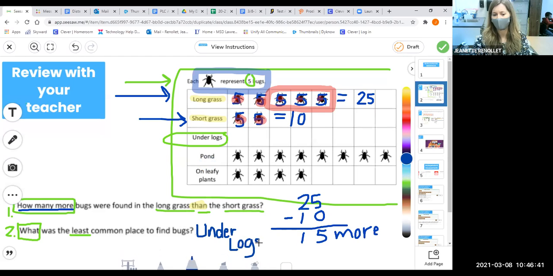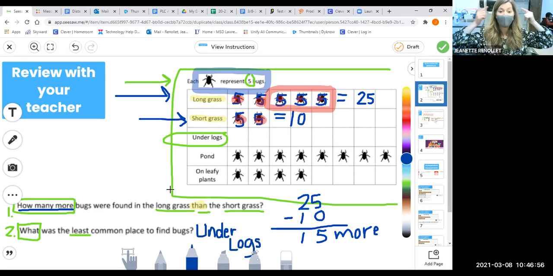Whoever made this graph did not find many bugs under logs, but they did find lots of bugs in the long grass and short grass. Take a minute to make sure that you have these answered correctly, thinking about how you're going to use this knowledge today as you do your test and show your work.